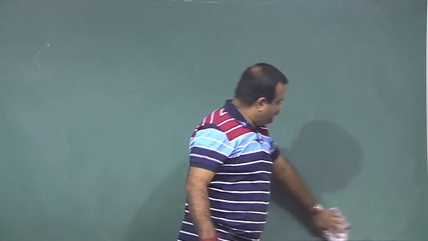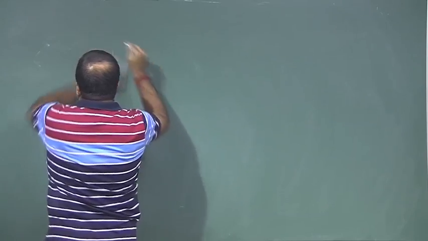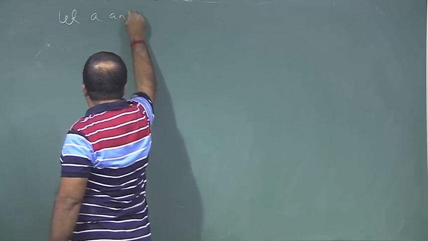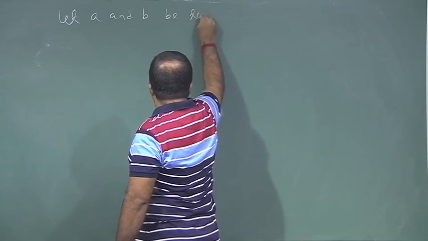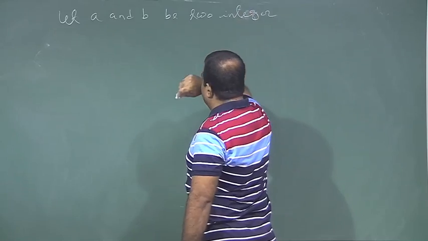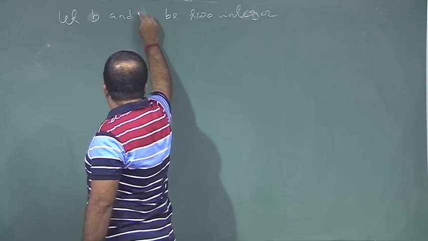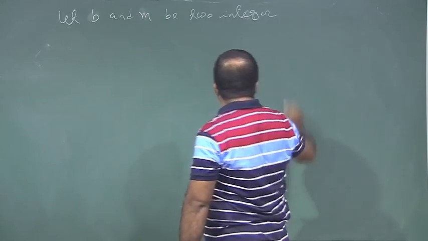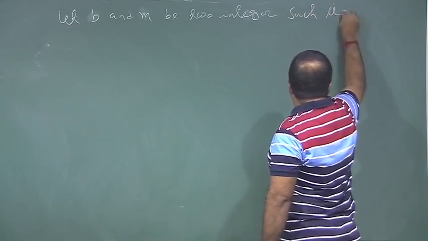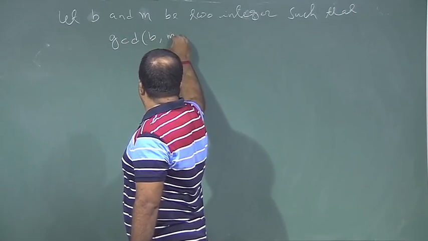We just follow these steps and we will have an algorithmic form. Now, suppose B and M are two integers such that the GCD of B and M is 1.